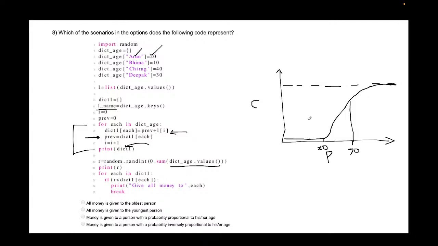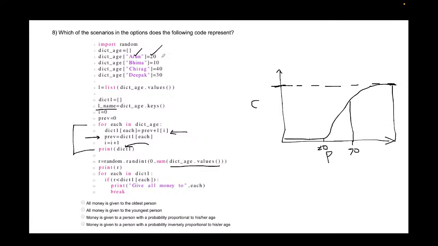The cumulative age of the oldest person will be equal to the sum of all the ages. So his cumulative age is somewhere here.